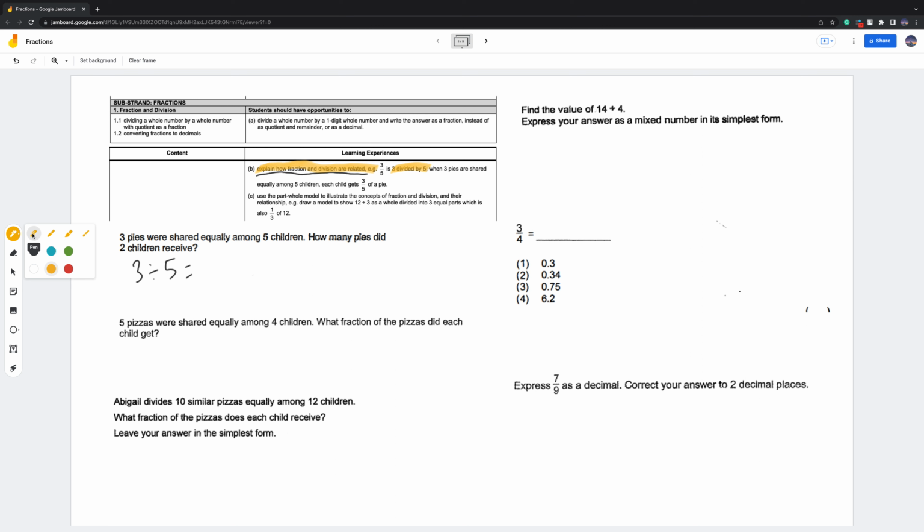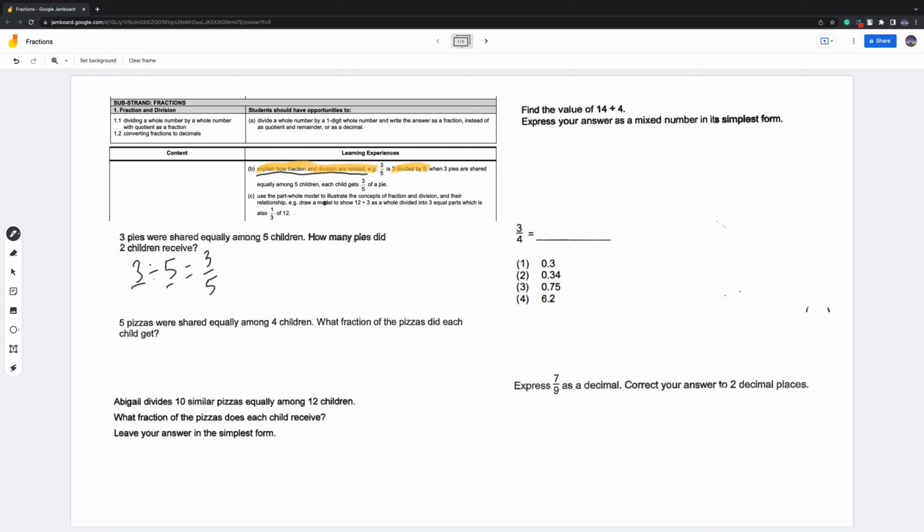So when you want to write the answer as a fraction, all you need to do is this first number becomes the numerator, and the second becomes the denominator. That's all. And always check to make sure that you simplify the fraction and give that as your final answer.